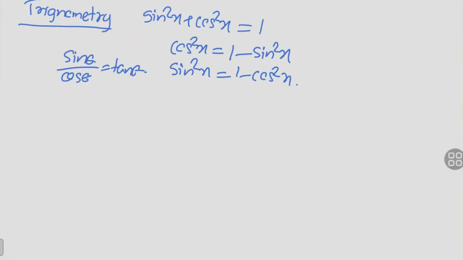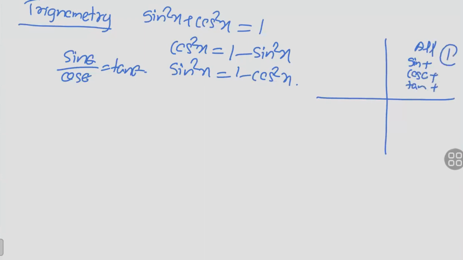Right? So here you should know, find the angle. You remember the quadrant method. This is all values positive, sin positive, cos positive, tan positive. First quadrant, all positive. Second quadrant, sin positive. Third quadrant, tan positive. Fourth quadrant, cos positive.